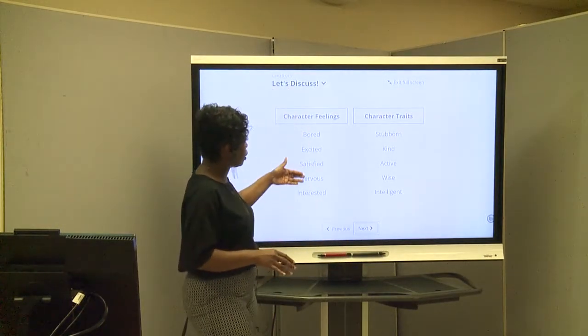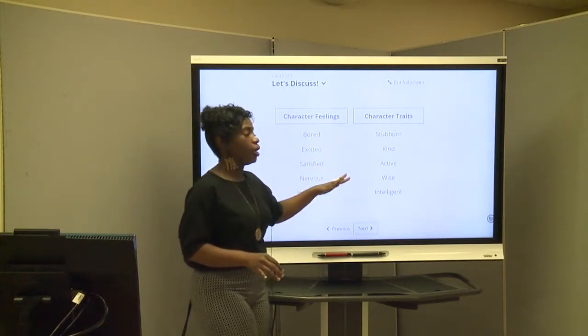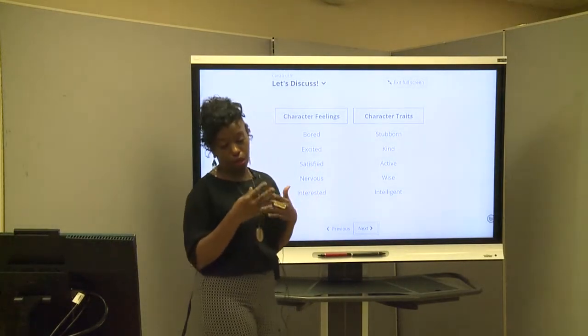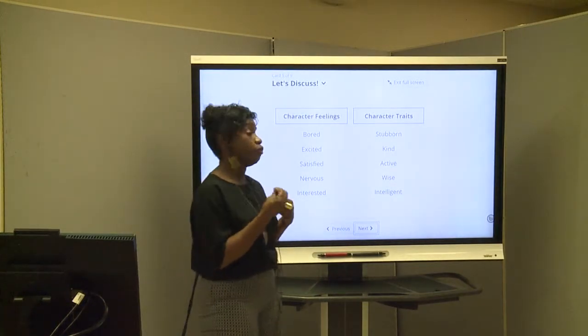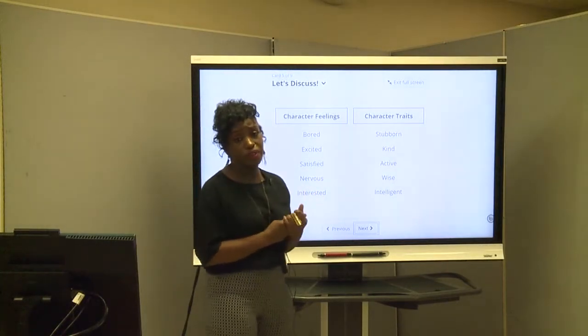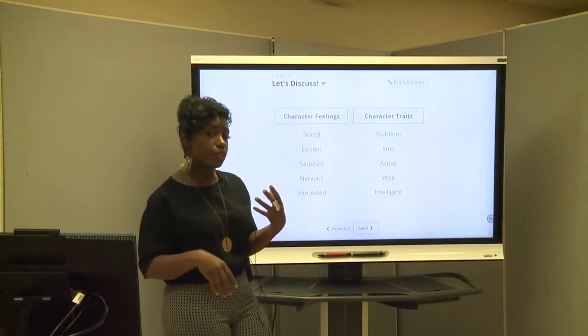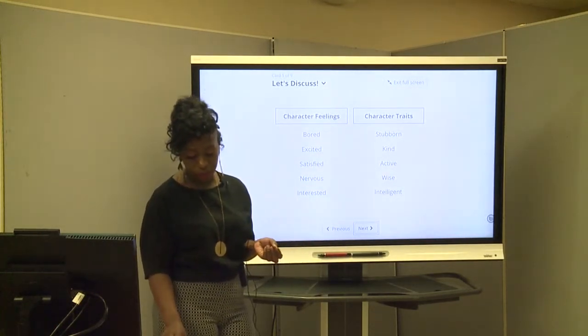So feelings can be temporary and change quickly, and traits are more permanent. It takes a lot of time to change these things if you want to change them. Traits are permanent, so sometimes we don't even think about changing them. But our feelings are temporary, so we have the opportunity to change those when necessary.